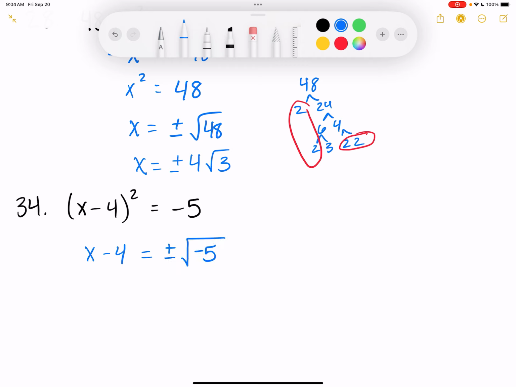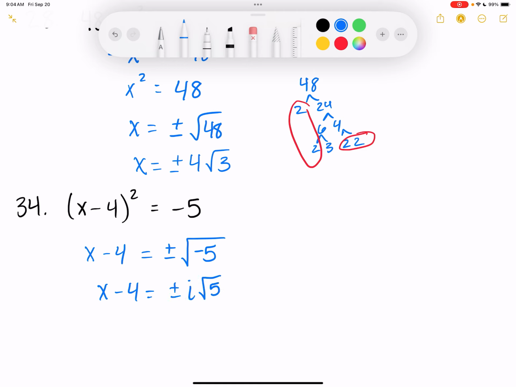Now, what happens with that? It becomes i. I usually will write it in front just so it doesn't get confused. So I would write x minus 4 equals plus or minus i root 5.